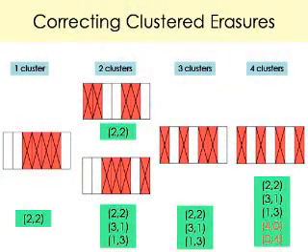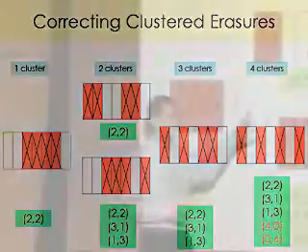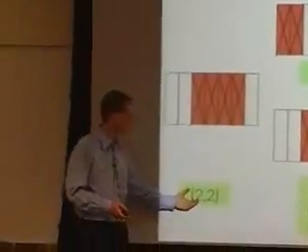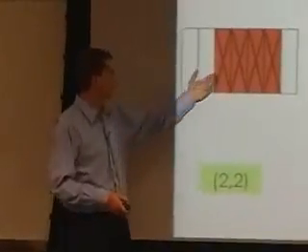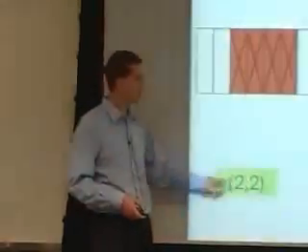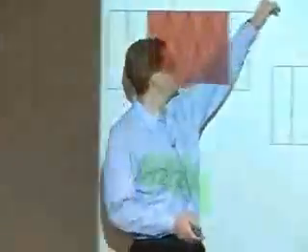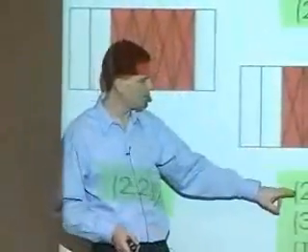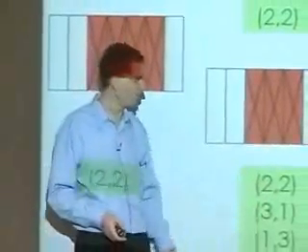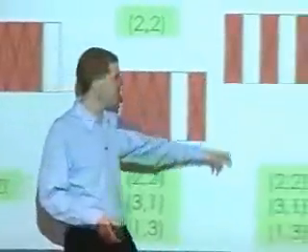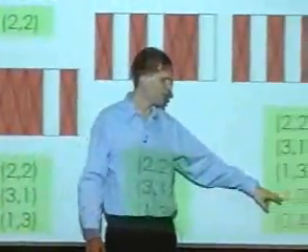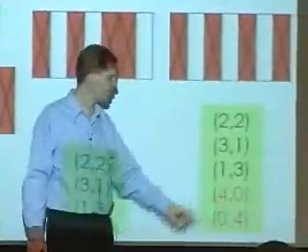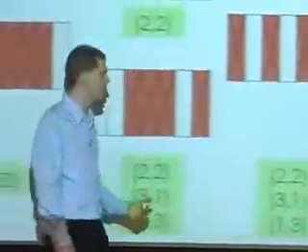So now for each type of clustering of the failures, we see what types of partition to even and odd we can get. So this type of failure is always 2 and 2. Here we have 2 and 2. This one can be either 2 and 2 or 3 and 1, same as this one. And only that one has the bad case, 4 and 0, which is not covered by the lemmas.